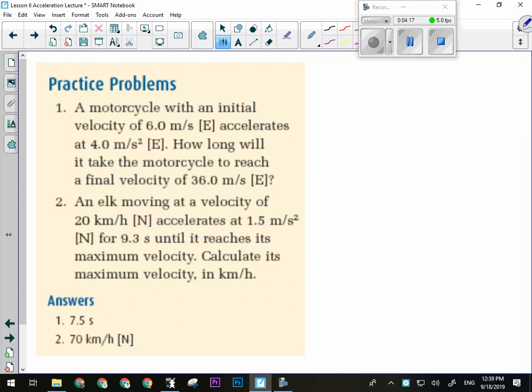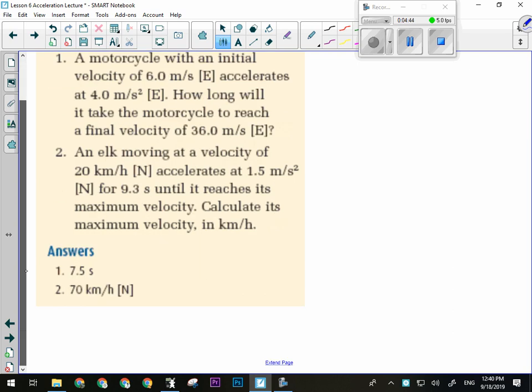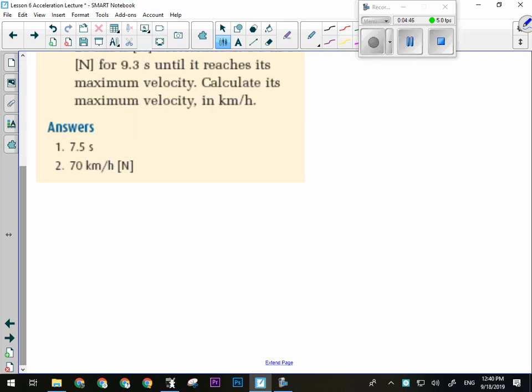But then they tell me that it accelerates at 1.5 meters per second squared, and then gives me a time in seconds. I can't divide those numbers. I can't put them in an equation together because they're not the same. It's like dividing apples by oranges. I don't know what that gives you. It doesn't give you anything real. You have to have them in the same units. So you have to convert the kilometers per hour into meters per second, and you do that by performing a compound conversion.